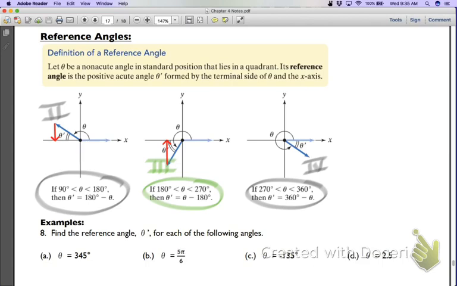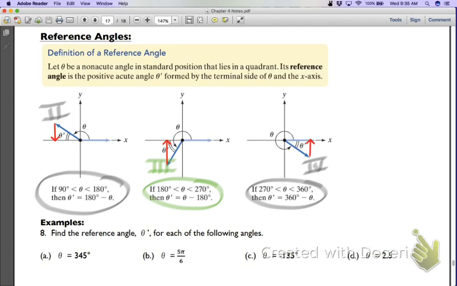You should always have a positive angle. If you get into quadrant 3 and take 180 minus 243, you get a negative angle. We don't want a negative angle. Everything we do is always going to be a positive angle. So that's key. Same way in quadrant 4, I would just take everything straight up and I would have my reference angle there.